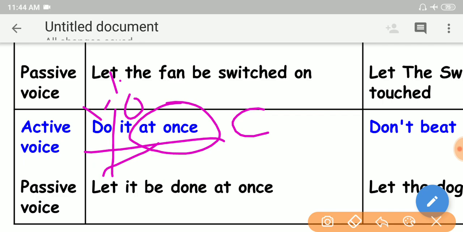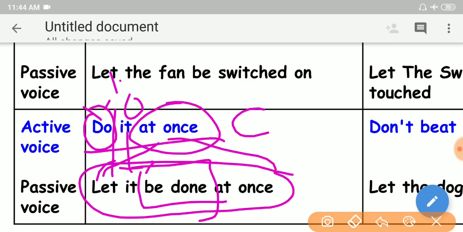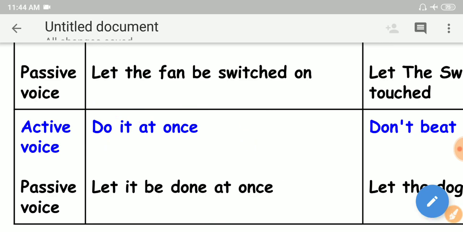That means the passive voice should begin with let. So let us go and learn. Let it be done. Do it at once means let it be done at once. So let is used. It should be brought to the subject position, and then be plus done. Do changes into be plus done in the imperative sentence. The complement should be used as it is, my dear friends.